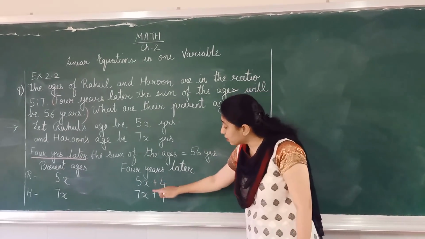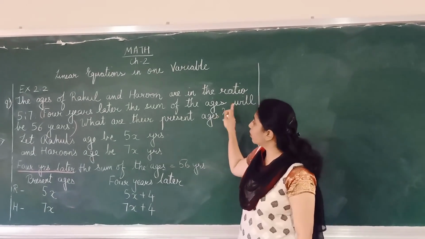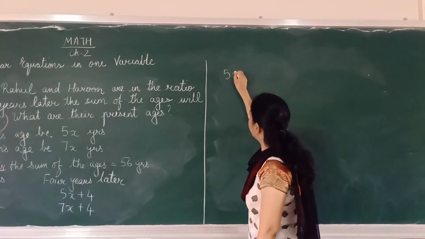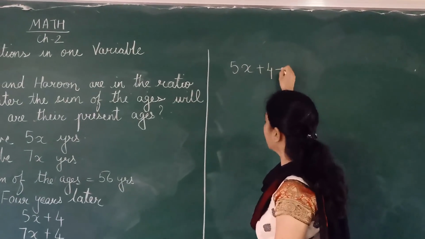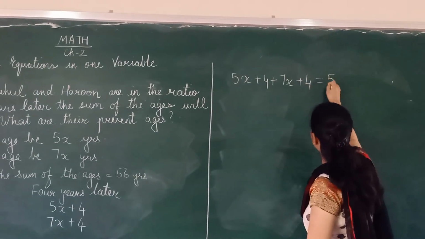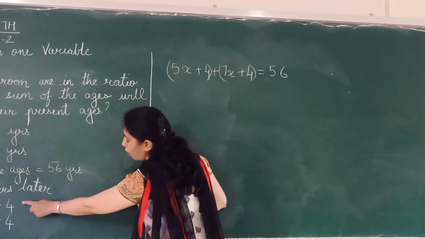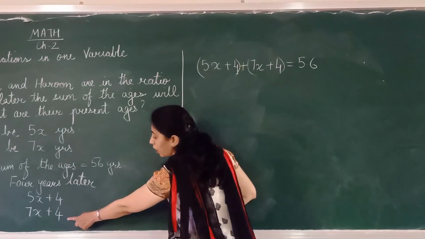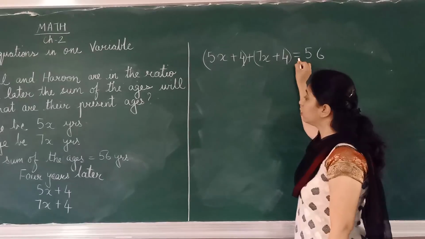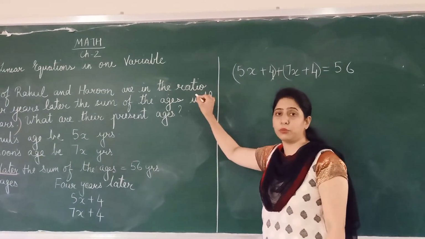So you are going to add 5x plus 4 plus 7x plus 4 is equal to 56 years. So we write down 5x plus 4 plus 7x plus 4 is equal to 56. Did you get that? I have taken Rahul's age, I have taken Harun's age 4 years later, and that I have written here equal to. This is your second part of the equation. From there I have framed the equation.